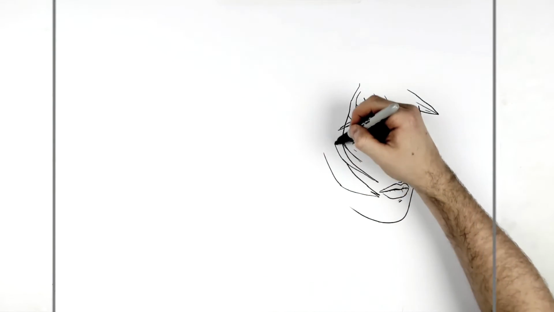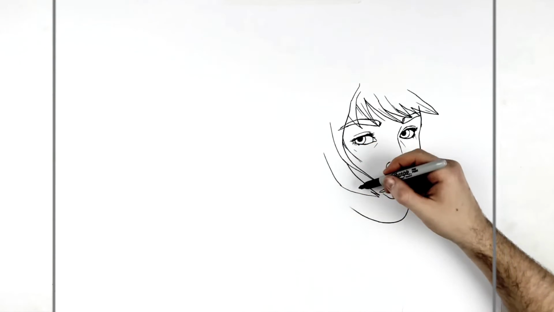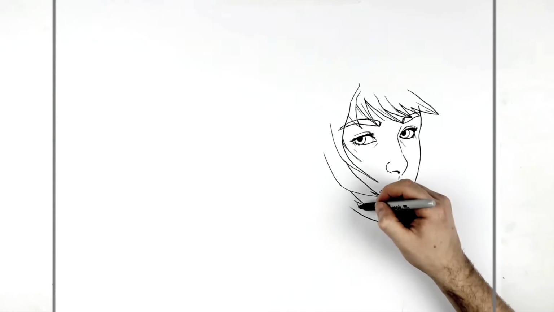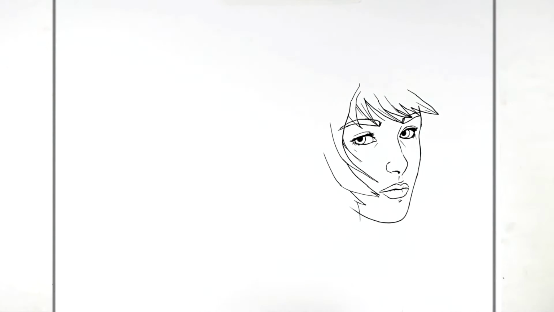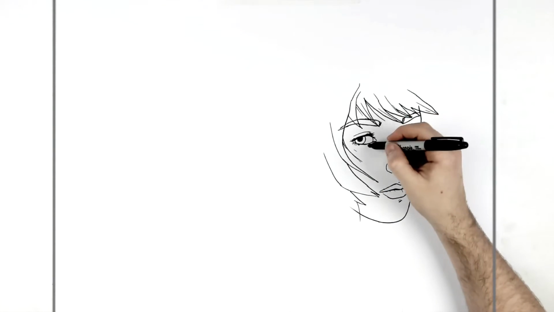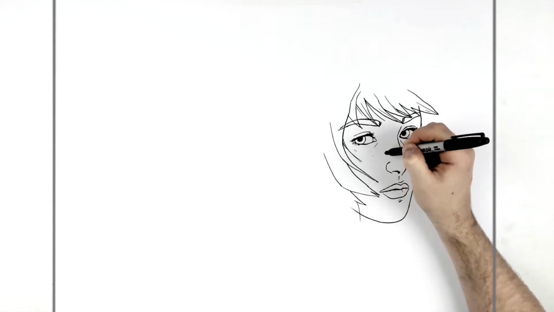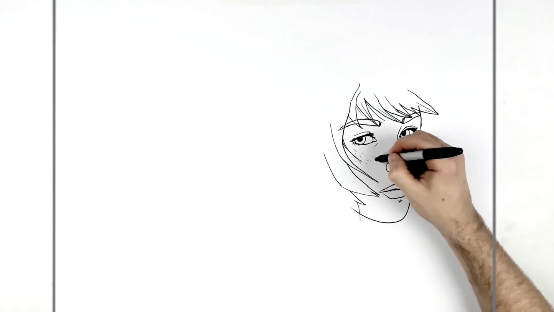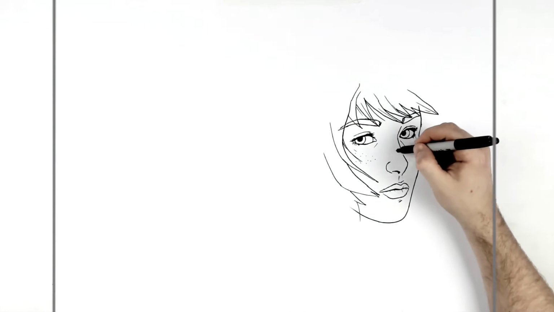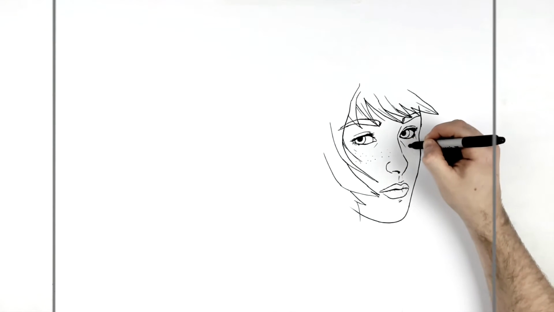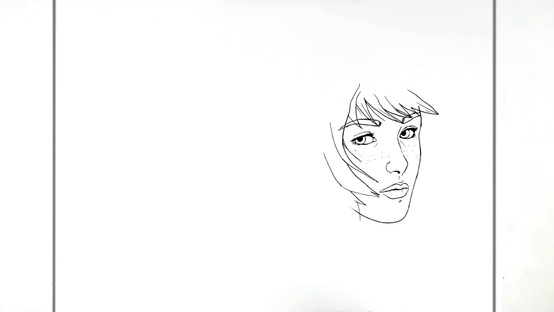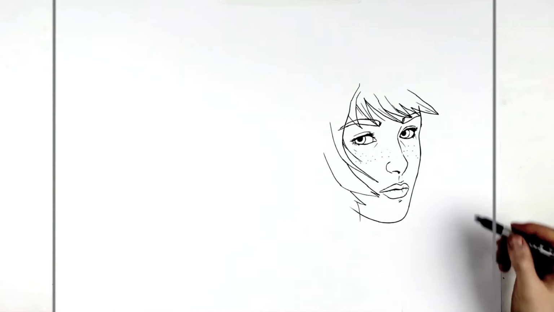Goes up this way, around like so. She has freckles, so we'll just add some of these on her cheeks. Like so. And then the rest of her hair.